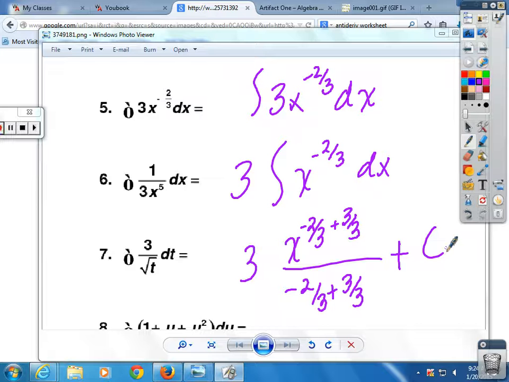Alright, what is this? X to the 1/3 over, and that's 1/3 also. So 3 divided by 1/3 is the same thing as 3 times what? 3, which is x to the 1/3 plus c.